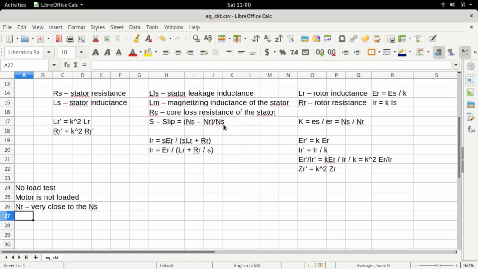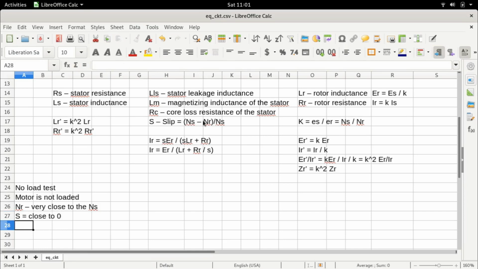So it's a kind of ratio, which means that in this no-load test, when the motor is not loaded, the speed of the motor is going to be fairly high and very close to the synchronous speed. So what this means is this slip is close to 0, because NR is very close to NS. So therefore this numerator is almost 0. Now typically it could be values like 0.01 or even lesser than that, or maybe 0.02, depending on the motor. Again, it all depends upon how much inertia the rotor itself has on its own.